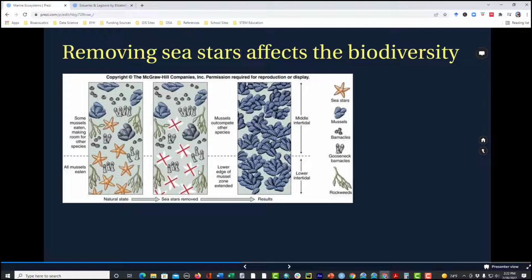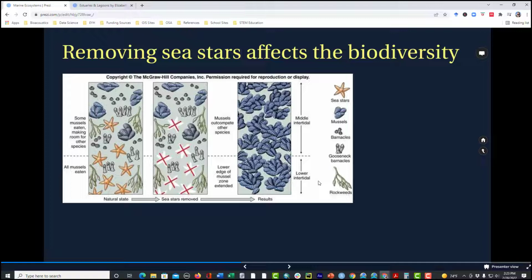Within the lower region of this tidal area, we've got the low intertidal along the bottom, and then this dashed line represents the designation between that and the middle intertidal zone. In the middle intertidal zone, prior to the sea stars' removal, there were plenty of mussels, but not all of the mussels. You take out those sea stars, which were dominating the lower intertidal, and you find that these mussels are going to outcompete other species and basically take over the entirety of that tidal region, both the middle and the lower intertidal.